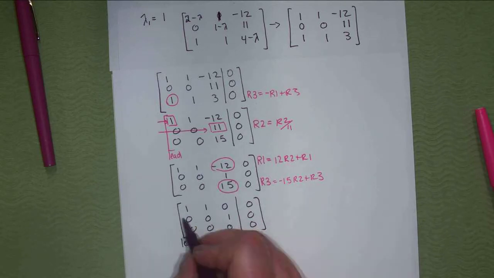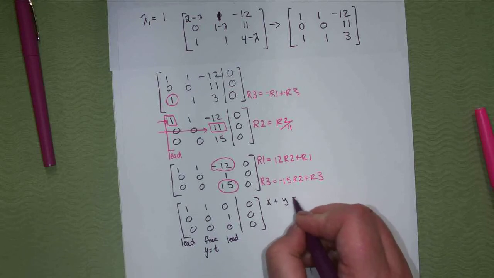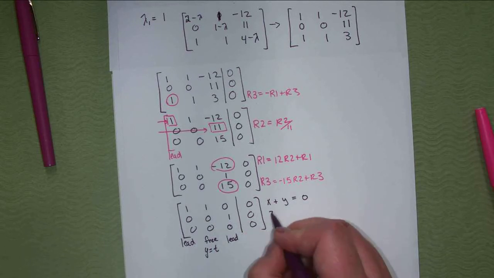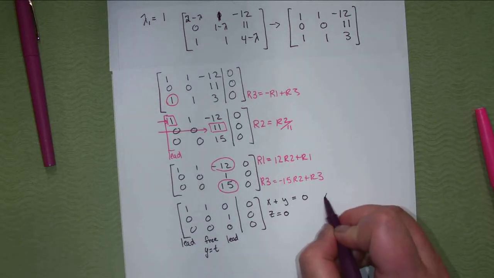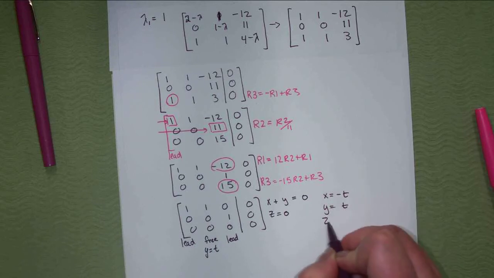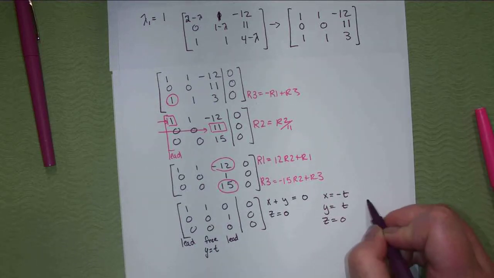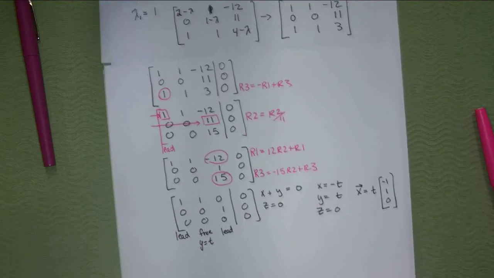When we write out the 2 rows, this would be x plus y equals 0, and here will be z equals 0. And y is t, so this will be minus t, y is t, and z is 0. Minus 1, 1, and no t's. Okay.